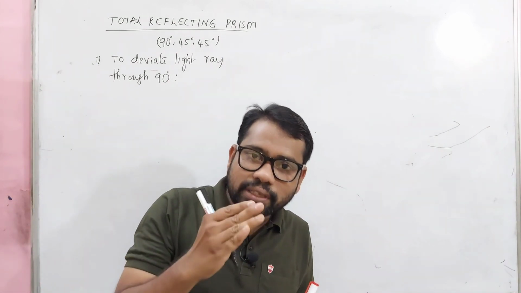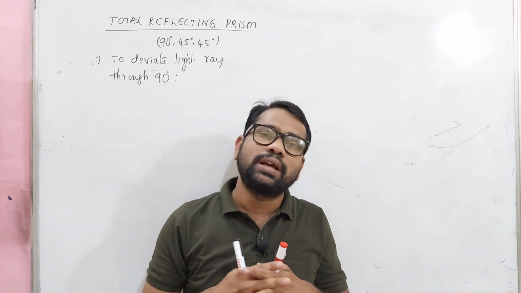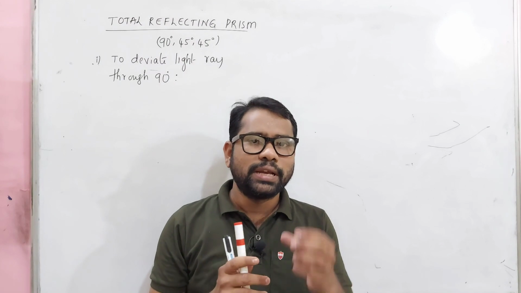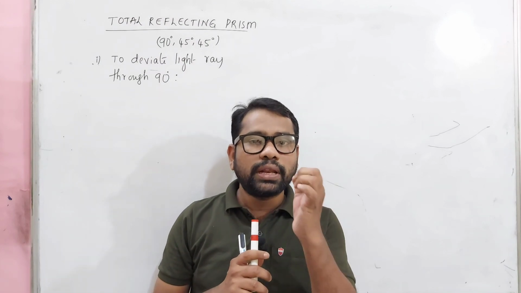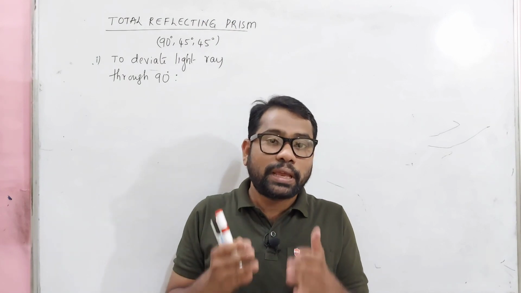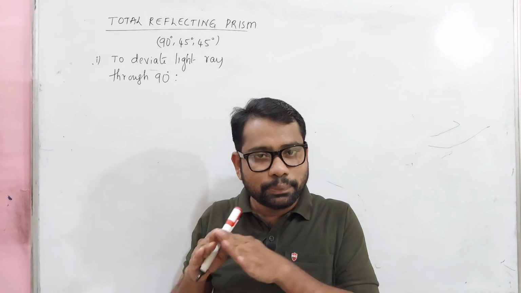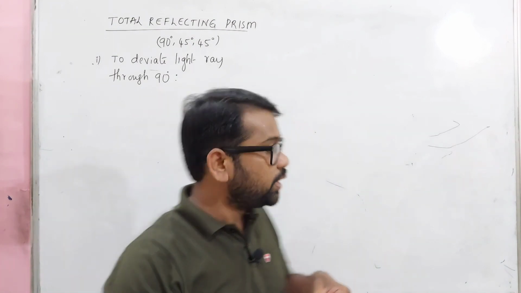It's very important. So in order to deviate the light ray through 90 degrees, what is going to happen inside the prism? Of course, it is completely based on total reflecting prisms. In fact, total reflecting prisms work on the principle or phenomenon called total internal reflection.